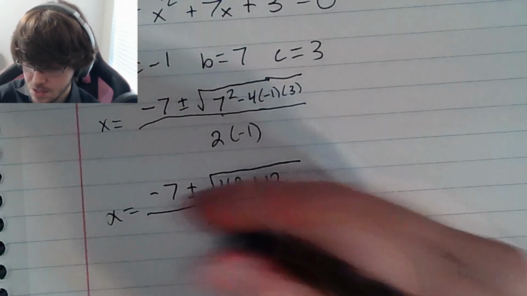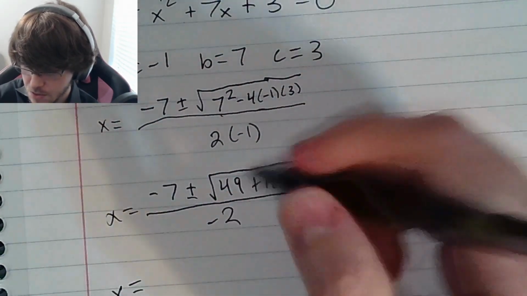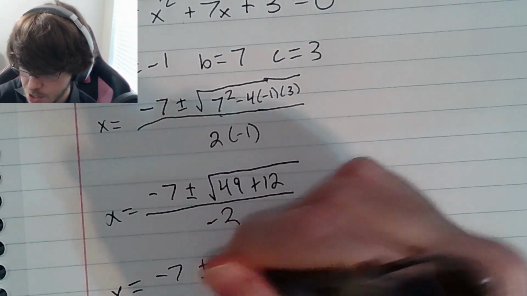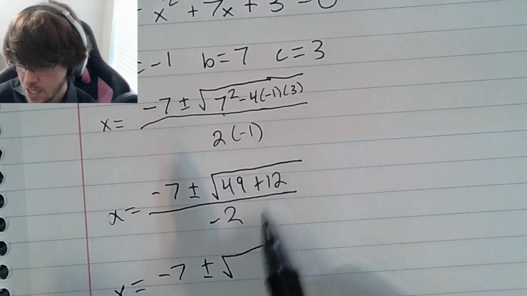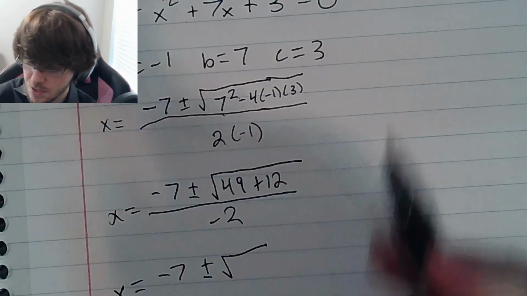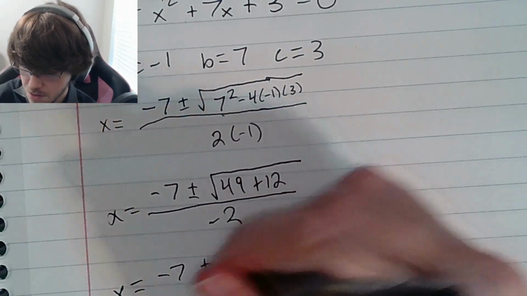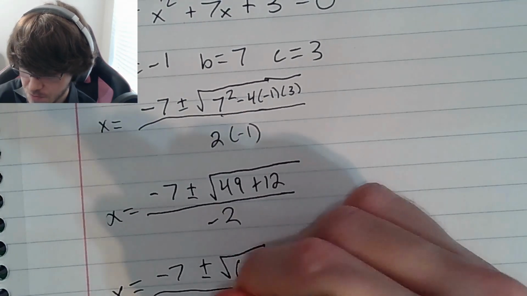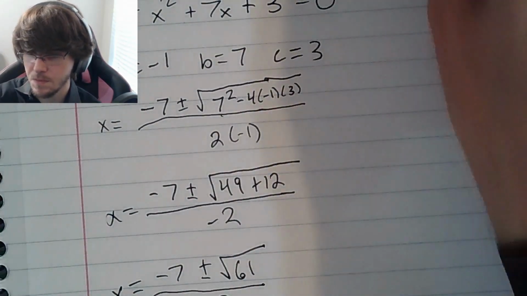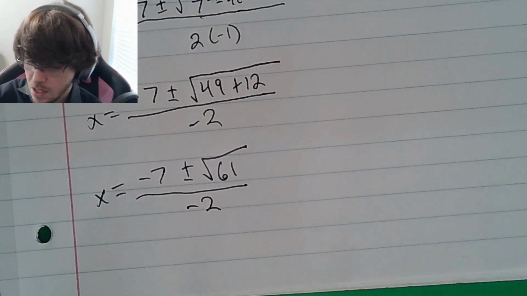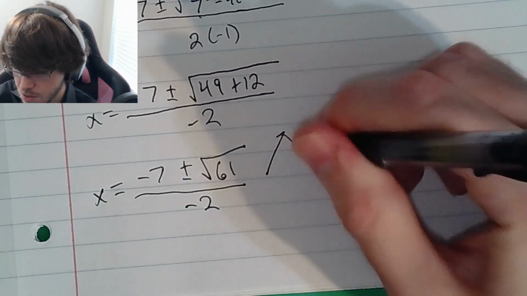Then we're going to go ahead and say x equals negative 7 plus or minus the square root of 49 plus 12 is 61, divided by negative 2. Oh, camera's not covering it all. And this is the part where, again, we want to go into two answers.